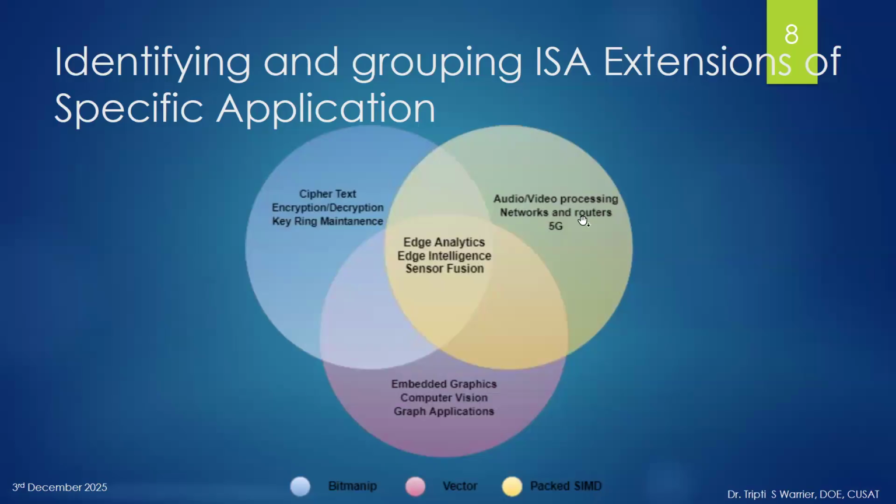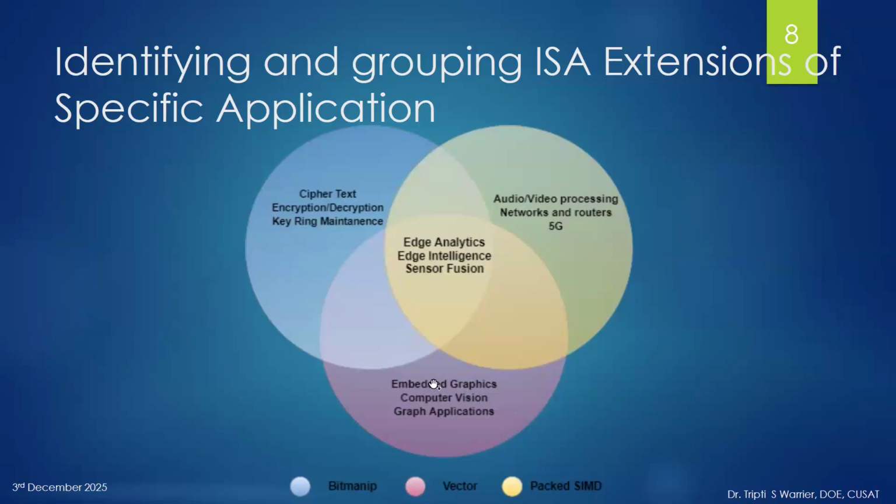Similarly, when you look at audio-video processing, routers and communication kind of activity, we will see that packed SIMD subsets have instructions which will directly map to basic functions of these applications. So you may choose packed SIMD.